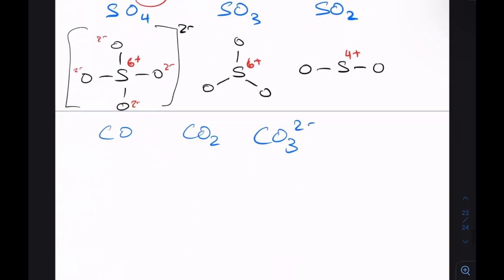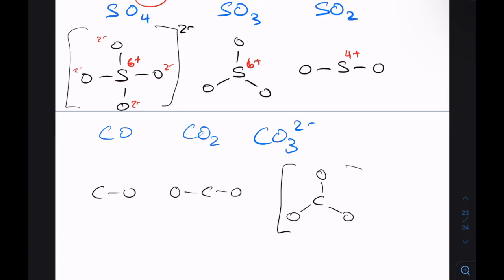All right, let's do it with a series with carbon. Carbon monoxide, carbon dioxide, and the carbonate ion. You already know what it is in carbon dioxide. But this time I won't fool you. All right, 2- for all the oxygens.